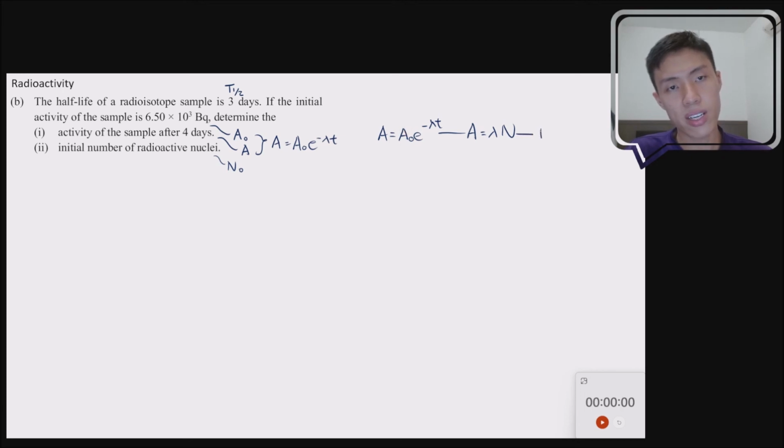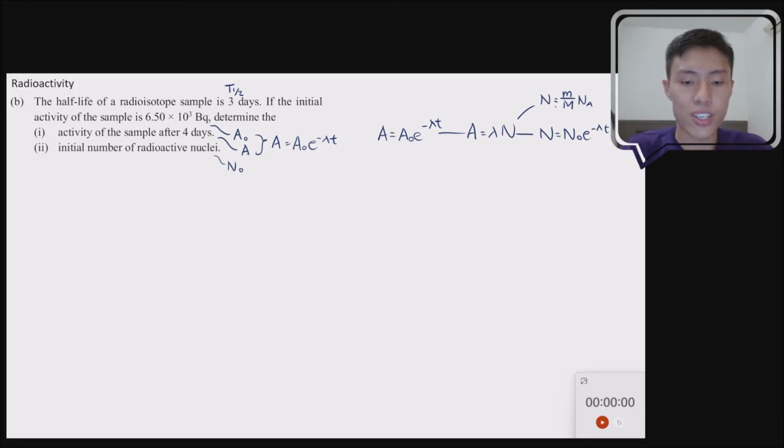On the right hand side, you can see how N changes with time, N equals N0 e to the negative lambda t. The number over here we can relate to the mass. The number of radioactive nuclei is the mass of the sample divided by the molar mass multiplied by the Avogadro number. This is how we usually relate all the equations here.